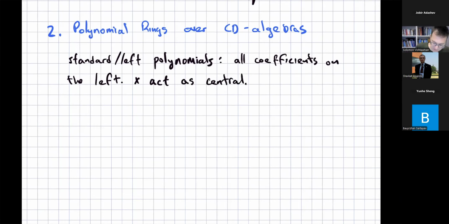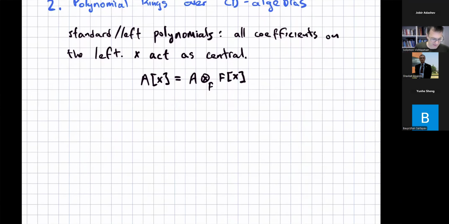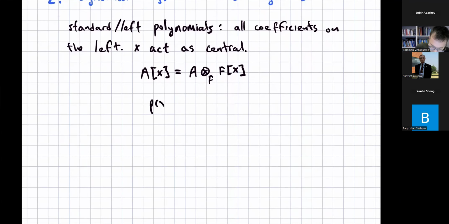And we have the following structure. Our polynomial ring is basically just taking the algebra and tensoring it with the polynomial ring over the field. And so all polynomials just look like this.